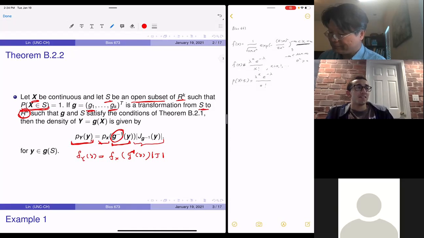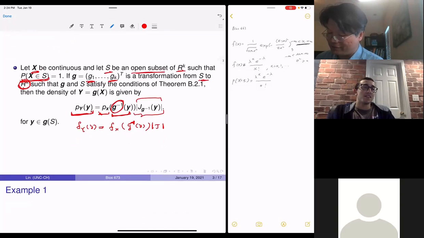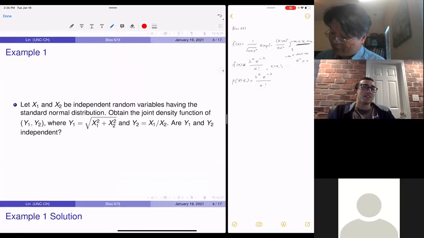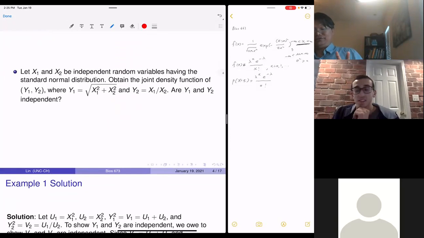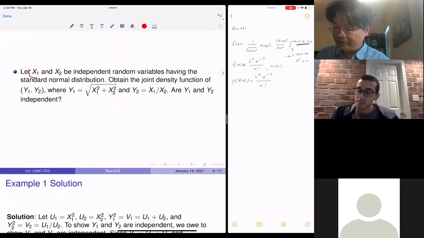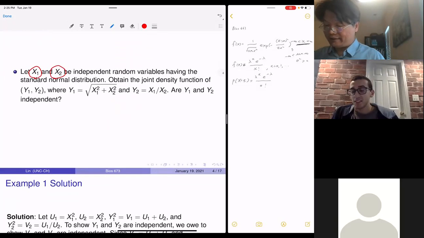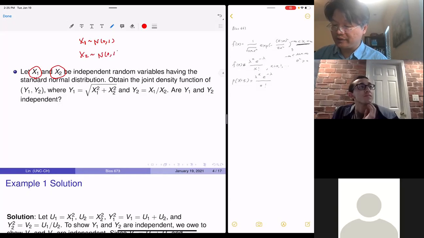Then deriving a Jacobian. Under multi-dimensional, you really need to be patient. All I can say is that. For example, right here, if I only deal with two dimensions, x1, x2 are independent random variables, and x1, x2 both follow, suppose, the standard normal distribution, which is x1 follows normal 0, 1, and x2 follows normal 0, 1 as well.